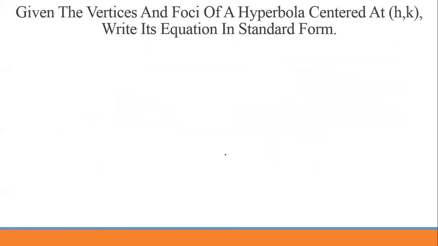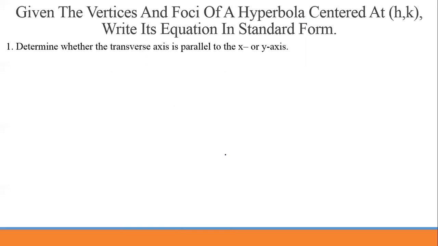Given the vertices and foci of a hyperbola centered at (h, k), write its equation in standard form. First, determine whether the transverse axis is parallel to the x-axis or y-axis.